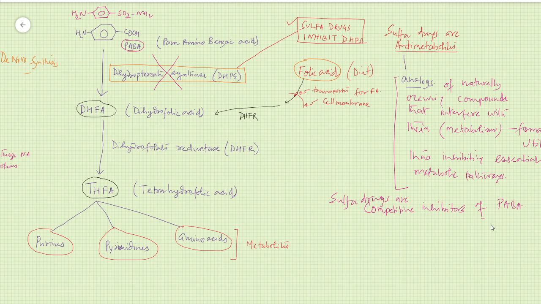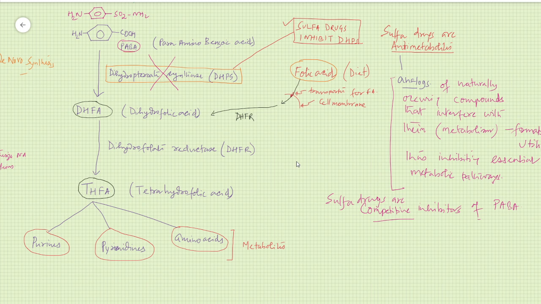So what do we mean by competitive inhibitors? It means if this bacteria is initially given a sulfa drug, and you give increased amounts of PABA, then the effect of the sulfa drug will decrease. That is why it's called a competitive inhibitor.